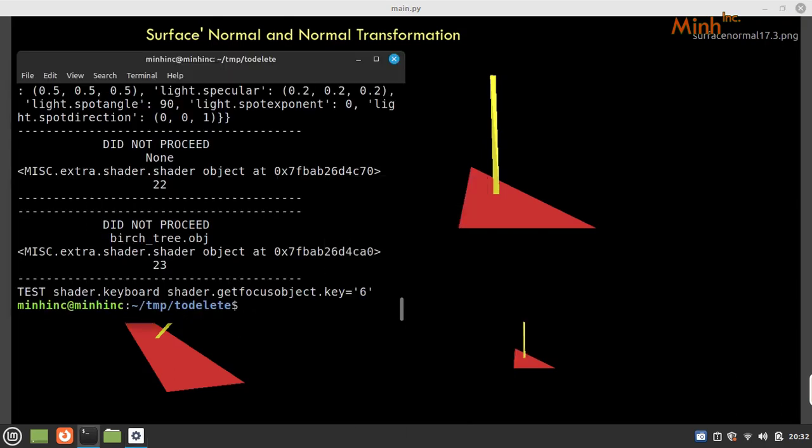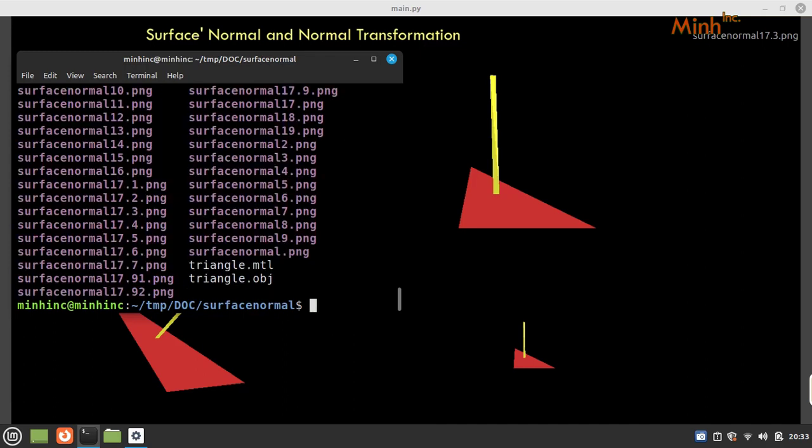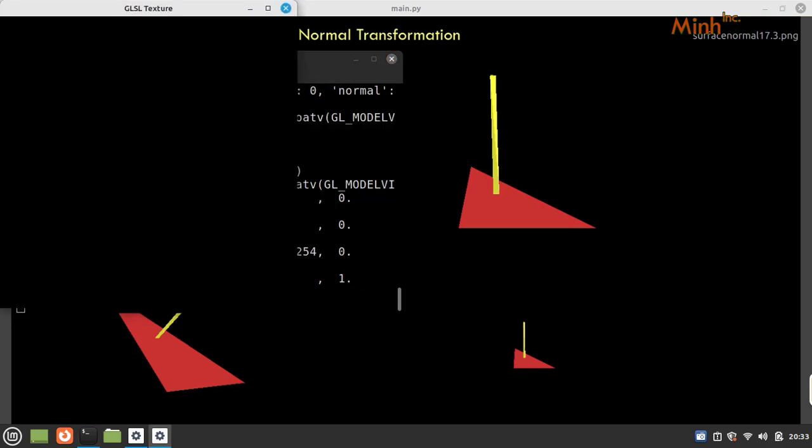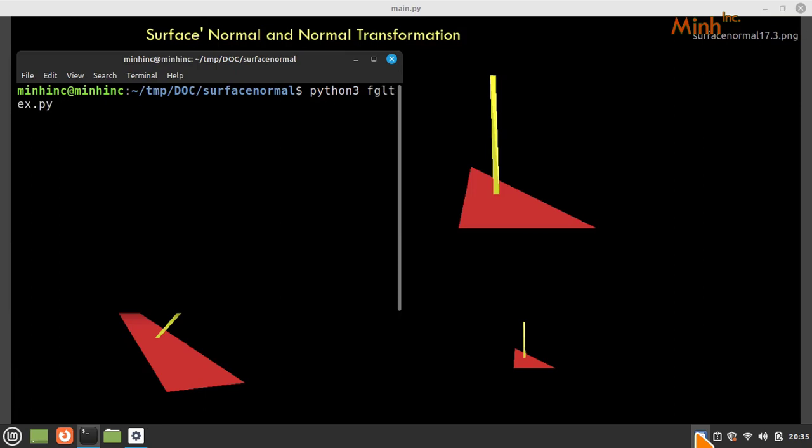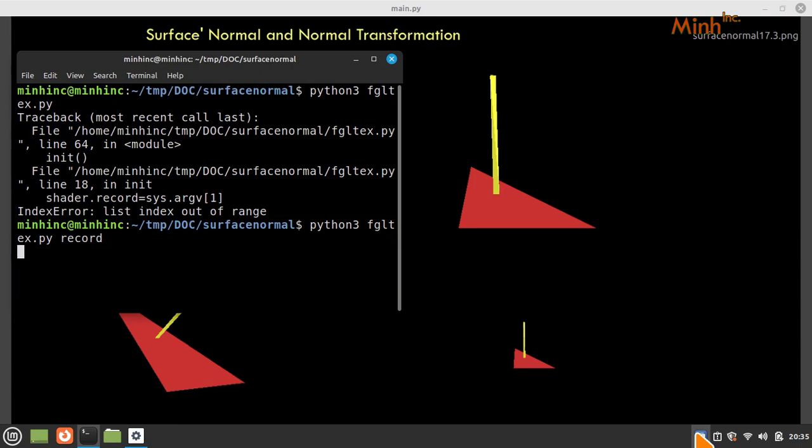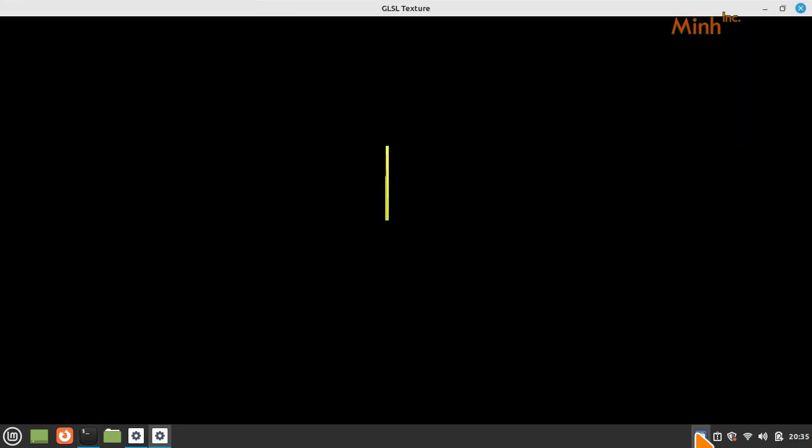I believe I can show it. Okay, so we can see the surface and the normal on the surface. Now we are translating the surface.